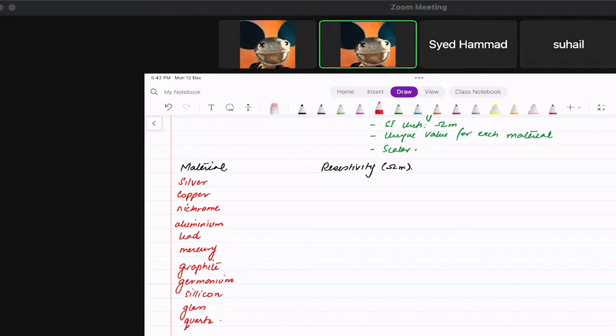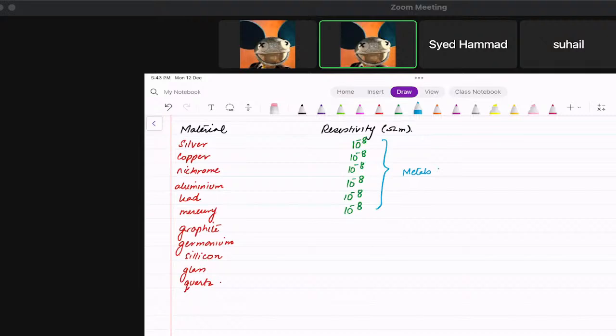To make it easy for you, all of the metals have 10 raised to power minus 8. Not the same in exact value, but for all metals the order of magnitude is the same.